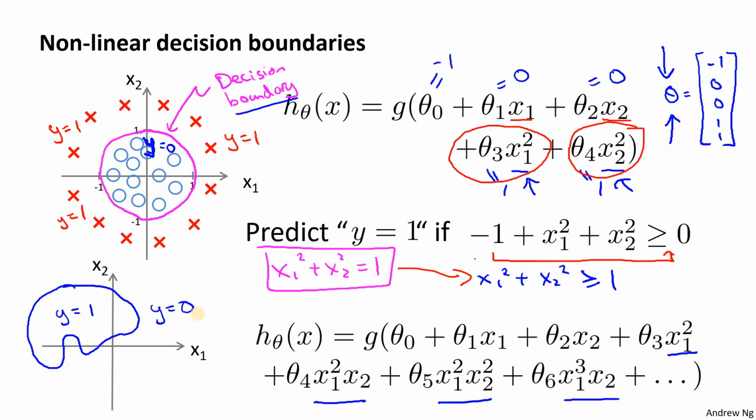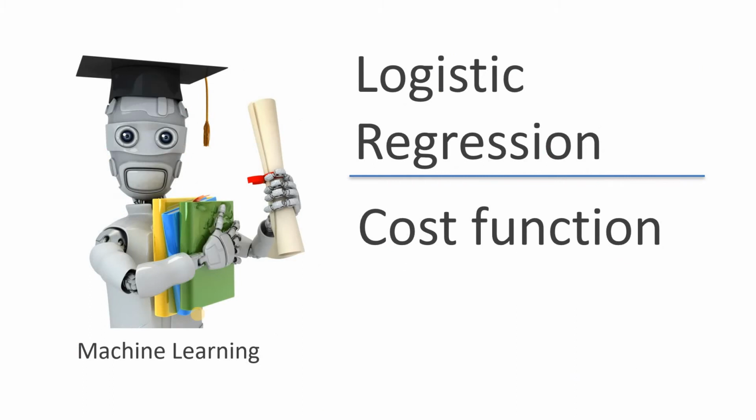But a linear equation is only used when we want to separate the two classes by a line or a plane. If the classes are not separable by a straight line, then we will be using non-linear functions.